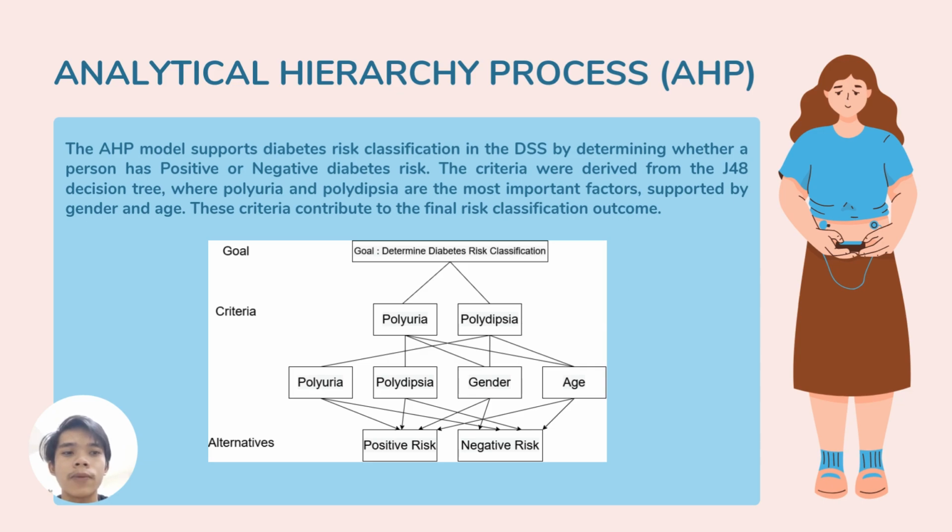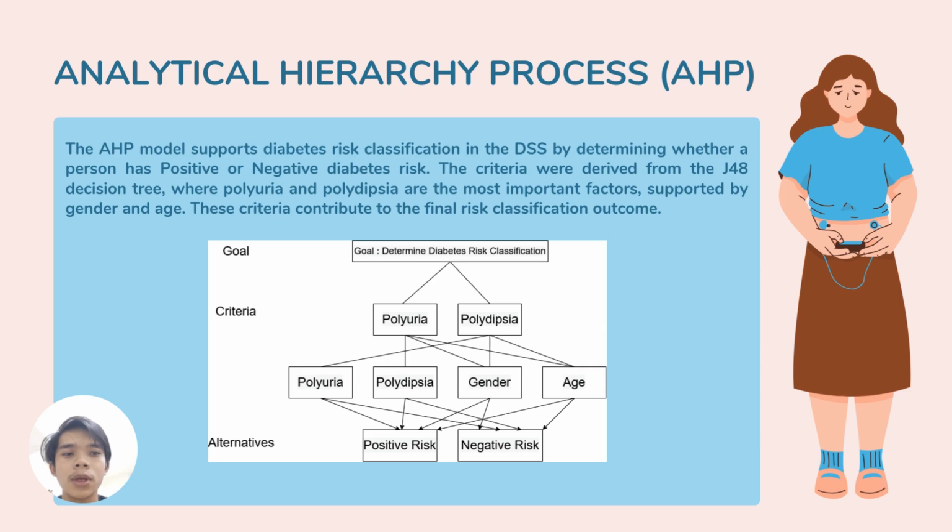At the bottom of the hierarchy are the alternatives, which are the final outcome, positive risk or negative risk, by comparing all the criteria using the AHP method. The system calculates the weights and combines them to make the final decision.